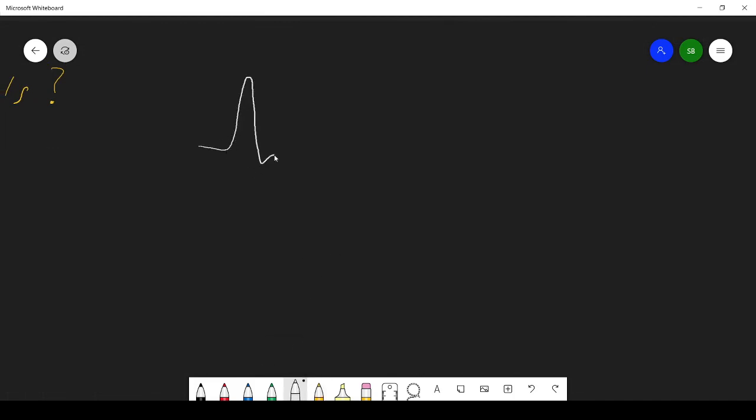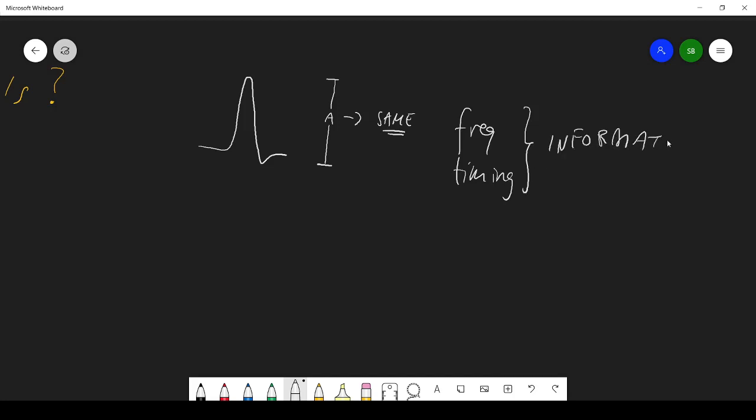And the idea is that the amplitude of these action potentials always stays the same, and that it's the frequency or the timing that contains the actual information, not the amplitude. Right, so it's a question of whether the action potentials are there, how fast they go, and what time they turn up. So why use action potentials?